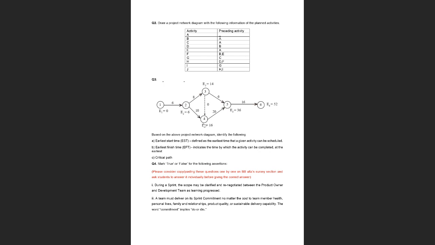Now, for activity 3, 4, what is the earliest time that this activity can finish? So we have a dummy activity here. Yes, again, it will be 14 because we have 6 plus 8, 14, and plus 0 because this is the dummy activity. So again, it will be 14 as well.